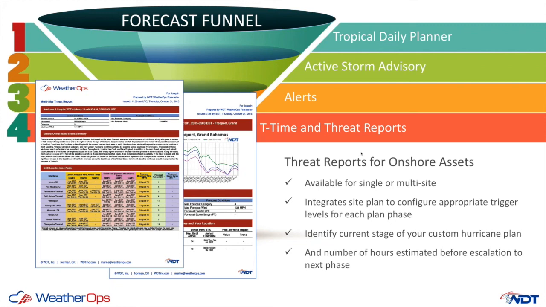We can integrate those actions into the storm report, which gives you a seamless planning tool for when you need to initiate those plans or actions based on a change in the storm's track or intensity.